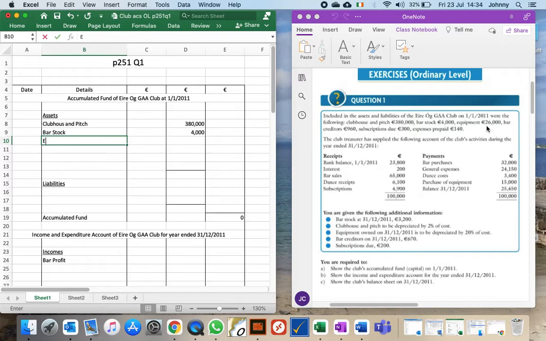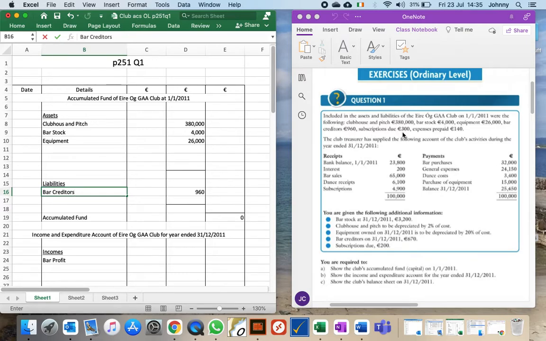Equipment 26 grand. Bar creditors, so this is money that we owe to our suppliers, so that is 960. Equipment, bar creditors, subs due.